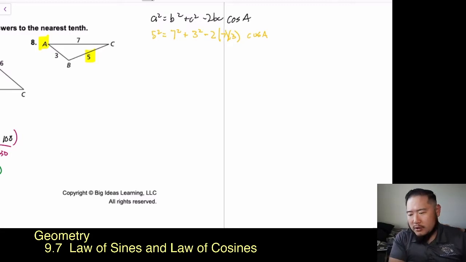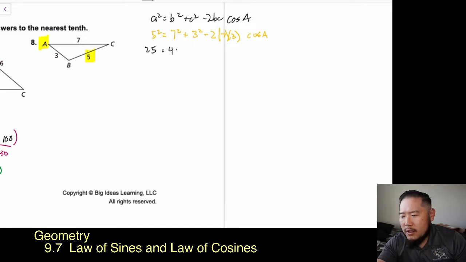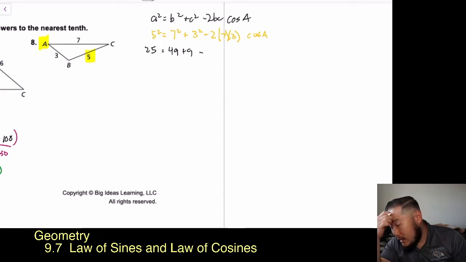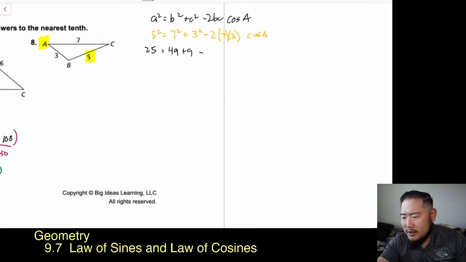Okay, so we got 5 squared, that is 25. That's equal to 49 plus 9, and then minus 2 times 7 times 3. 2 times 7 is 14. 14 times 3, we got ourselves 42 cosine of A. Now this next part is where students make a lot of mistakes.